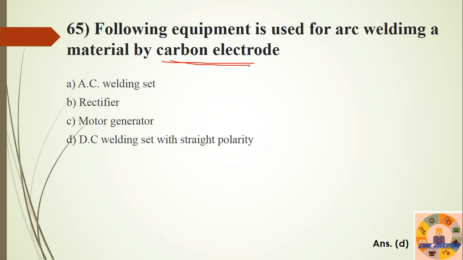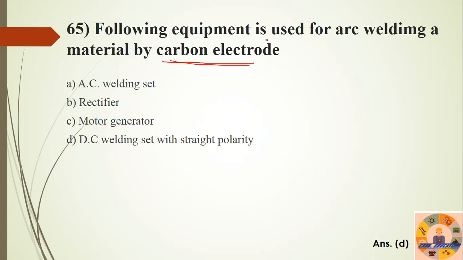There are generally three non-consumable electrodes used: carbon, graphite, or tungsten. And also the carbon electrode is used for carbon arc welding, which is the first welding process that was developed.